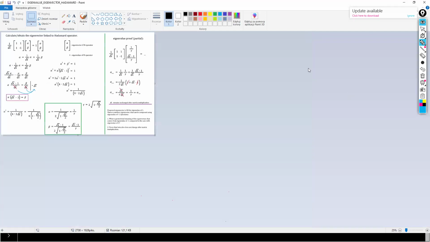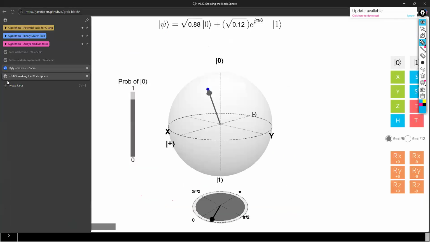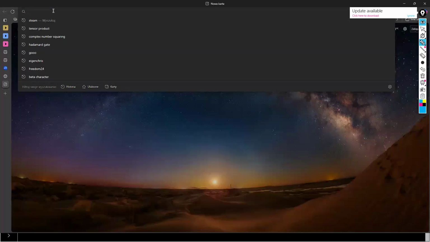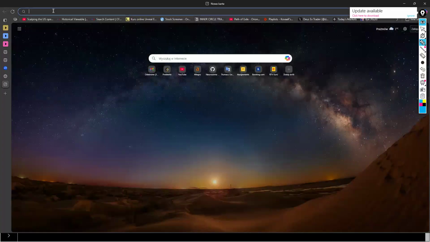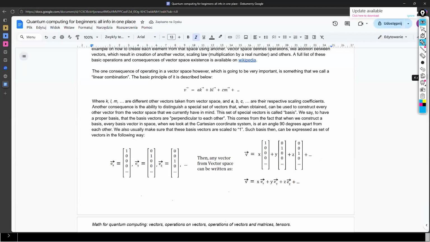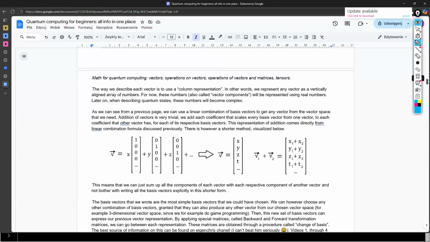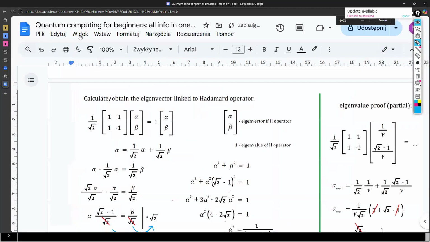Okay, I don't, okay, so I will probably need to go to my workshop all the way down and paste it as a photo. That's what we will do.